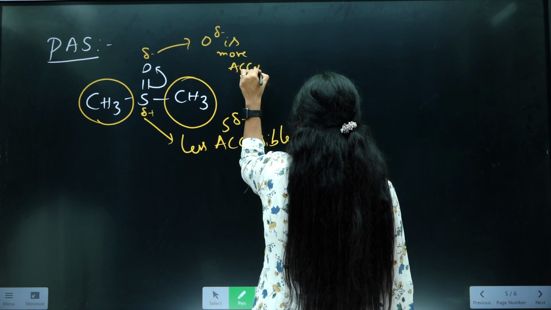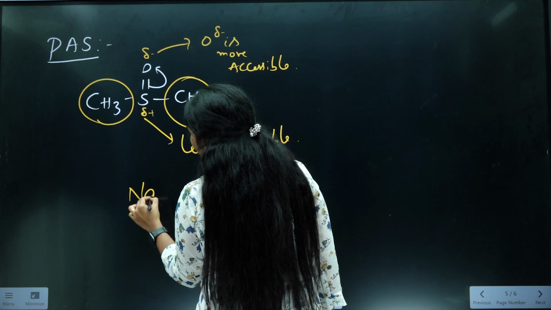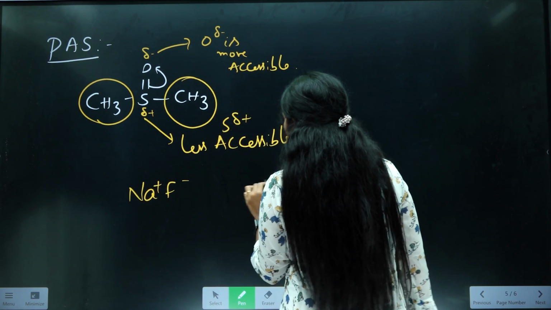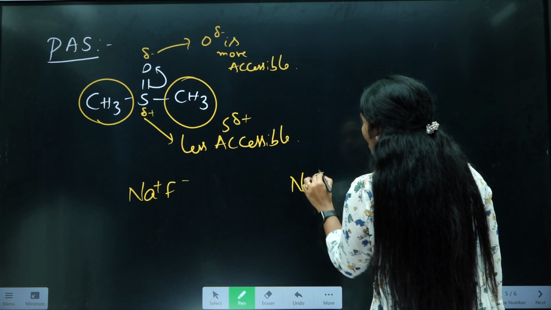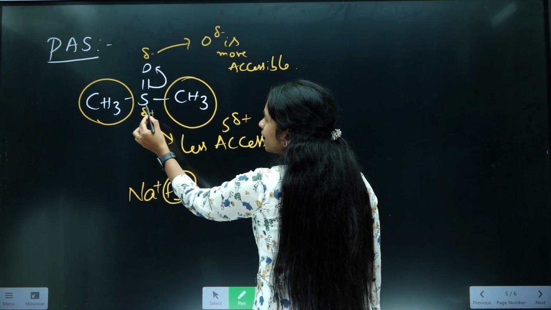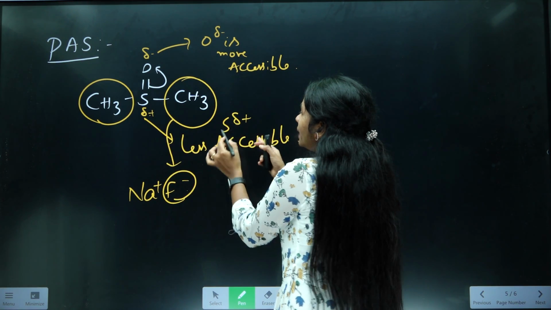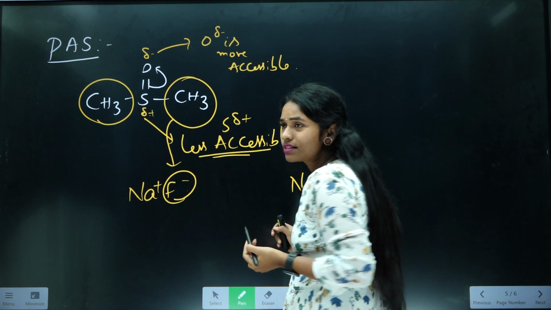Due to this reason, when you put Na plus and F minus or Na plus I minus, this negative charge should be attacked by these positive ions during hydration, but this is not that accessible.